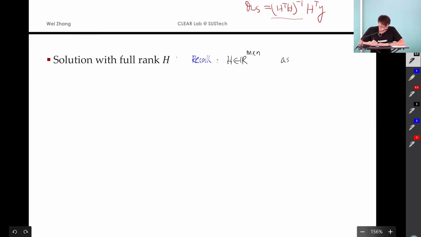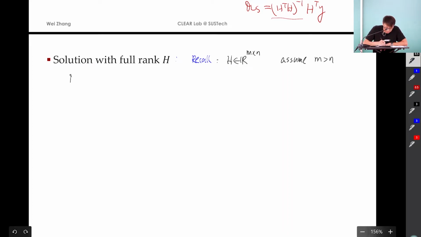And in general, for simplicity, let's assume we have more measurements than the number of unknowns. This is an over-determined problem. That's where we need least square. But the discussion also works, most of it works, for M less than N.